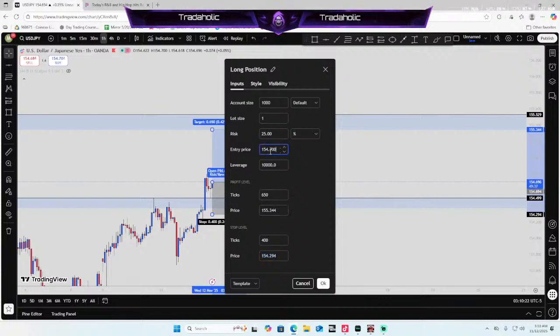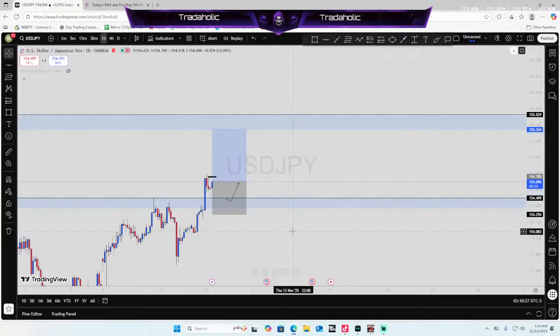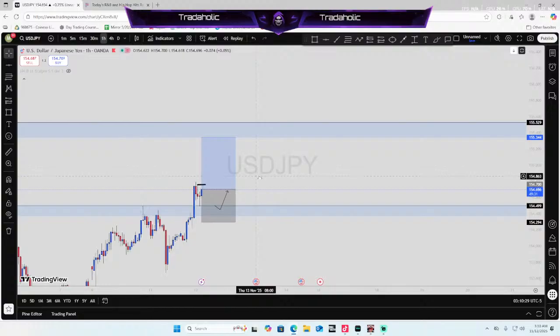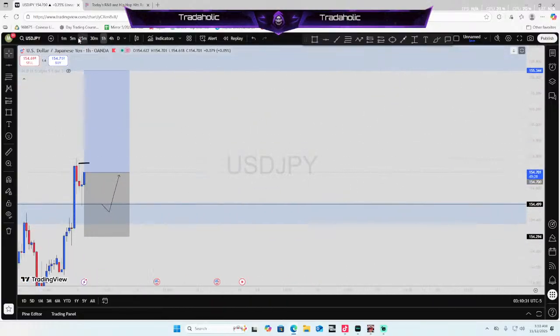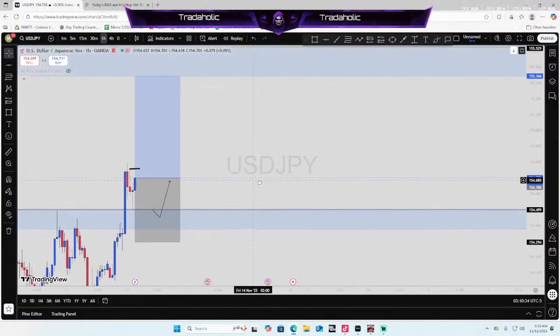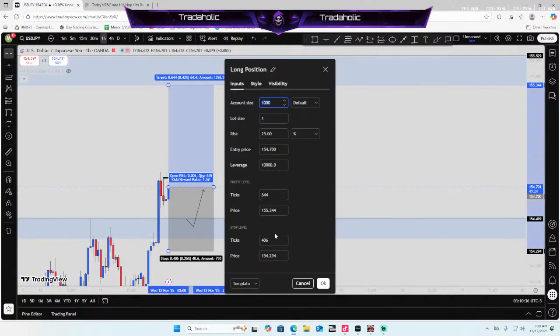That's a good entry. 700 flat, I'll take it. Just got filled right over here. Let's find our TP1 though. 40 pips in the TP1.